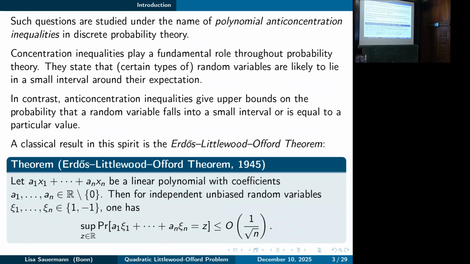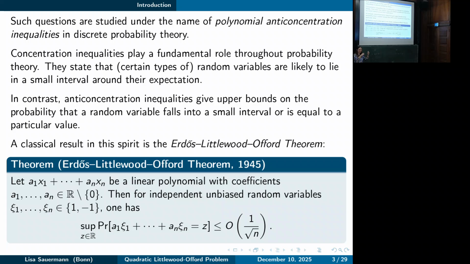The most classical result in this spirit is the so-called Littlewood-Offord theorem, which is written here. That's exactly the question we had on the previous slide for linear polynomials. The Littlewood-Offord theorem from 1945 states that if we consider a linear polynomial with non-zero real coefficients, and now we take independent, unbiased random variables in {1, -1}, then the probability that this polynomial takes any particular value z is at most a constant times 1 over square root n.